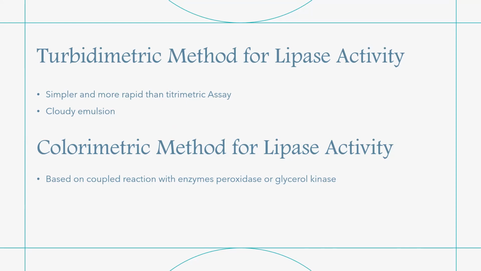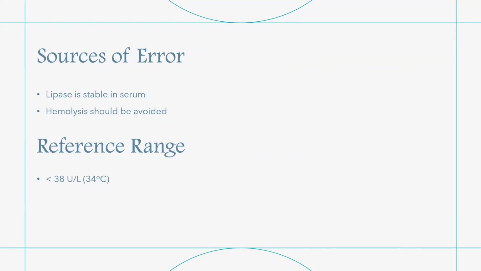On the other hand, it is measured as an estimation of the lipase activity. For a colorimetric method for lipase activity, it is based on the coupled reaction with enzymes such as peroxidase and glycerol.